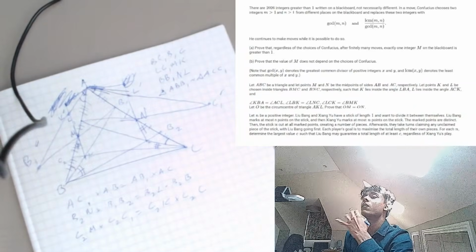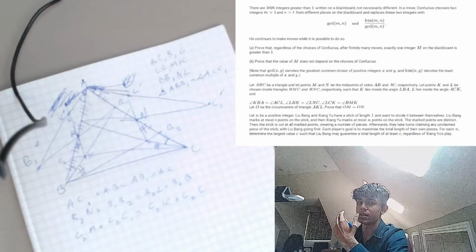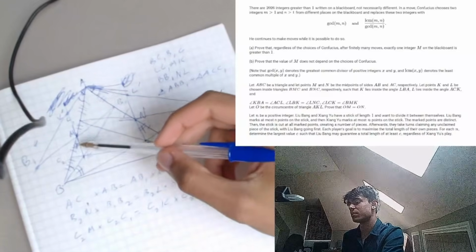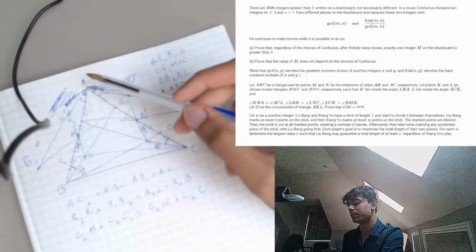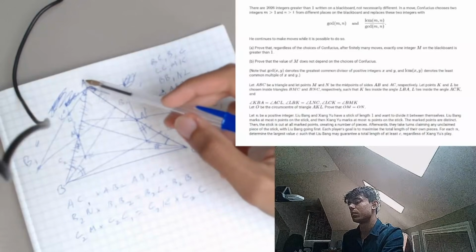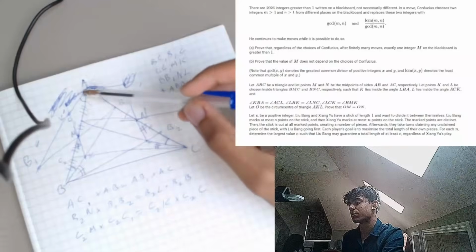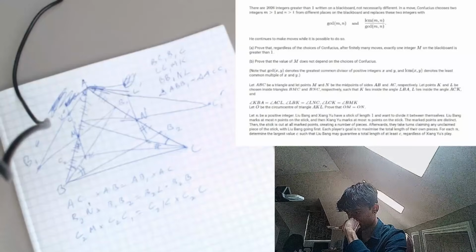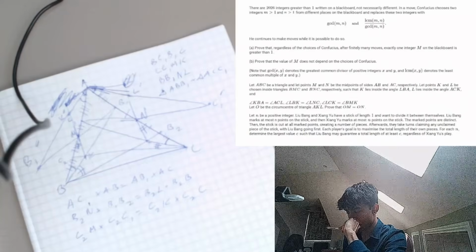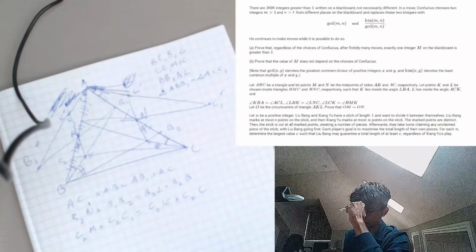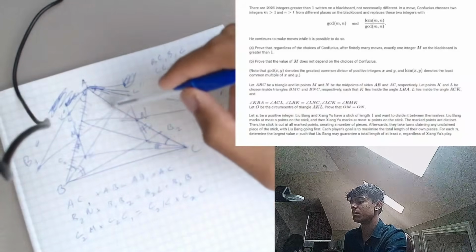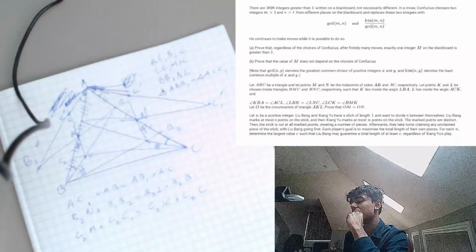Okay. If we can't solve a problem, let's try and solve an easier version of the problem. So when we have conditions like this, ABK equals ACL, you kind of think about this sort of cyclic quad, BC1B1C.